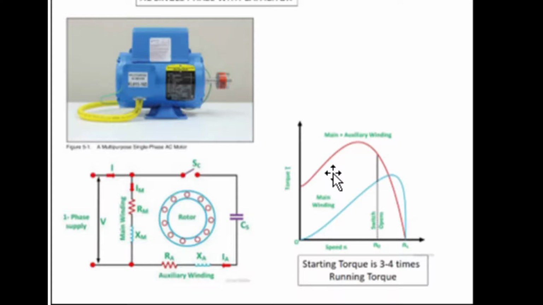You can see the torque generated by the start coil, because it has a capacitor in it this time, is much higher than what it is at the running stage. So once we get just past the maximum on the start coil, we'll open up the circuit and then just rely on the run coil to keep it operating.